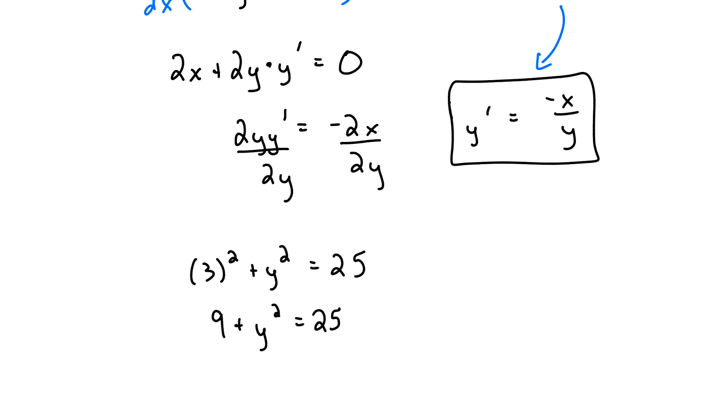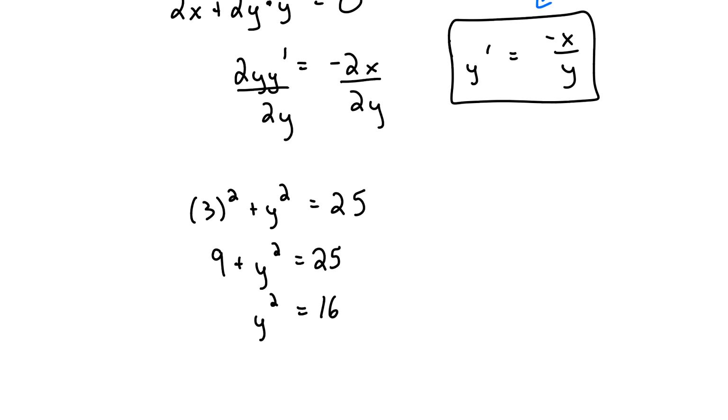If we subtract 9, we should have y squared equals 16. And if I take the square root of this, something really weird is going to happen because I'm going to end up with y equals 4. But remember, when we solve using a square root, we end up with a positive case and a negative case. We actually end up with plus or minus 4.